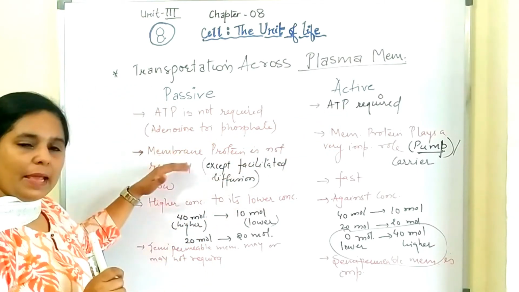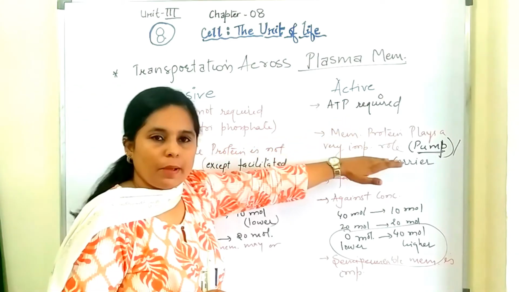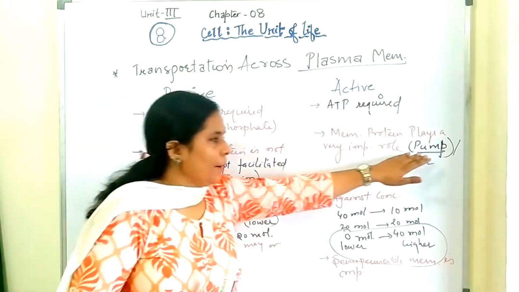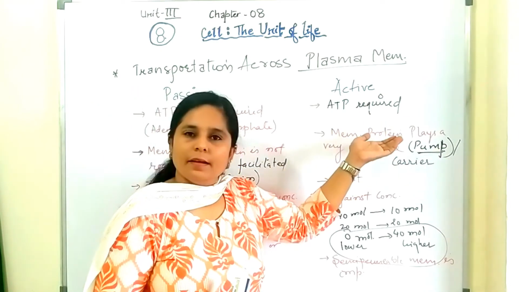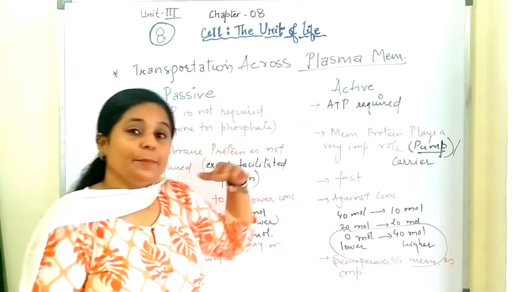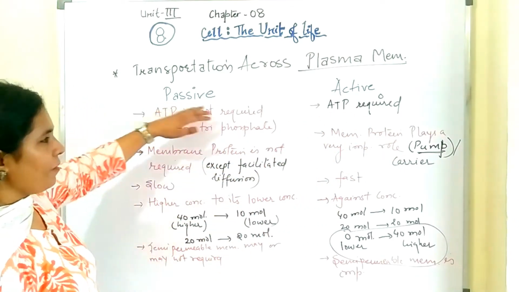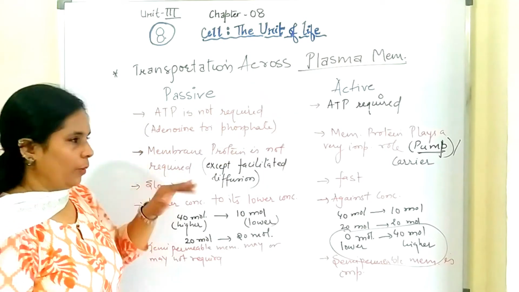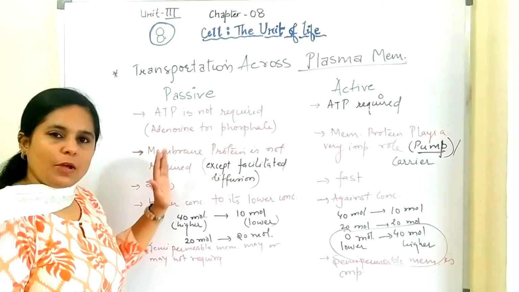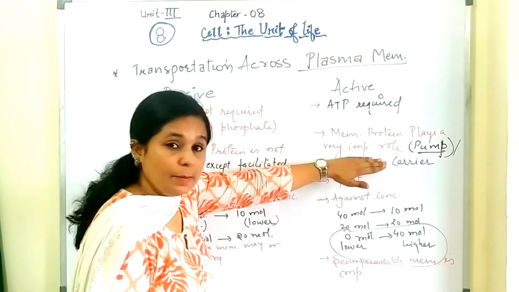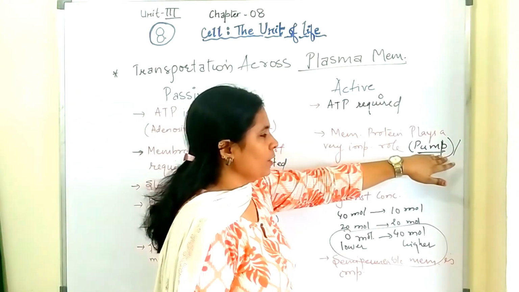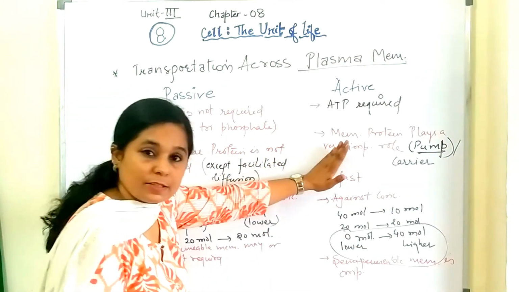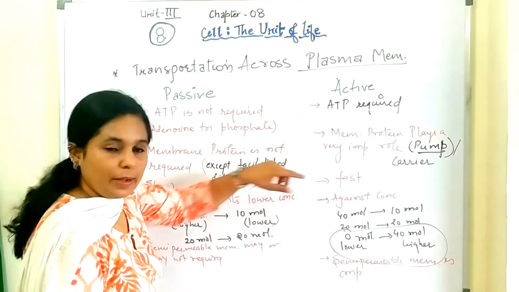Membrane protein may or may not be required in passive. Here, without membrane protein, active transportation will not be done. Pump or carrier is what you call the membrane protein which helps in active transportation. You have read that in passive transportation, ATP is not required, while there ATP is required. Membrane protein may or may not be required, while here it is very important. The process can be slow, while it is very fast as ATP is required.